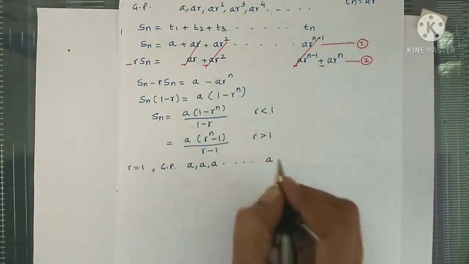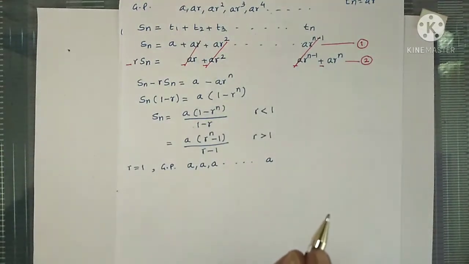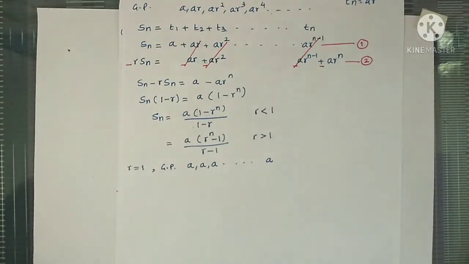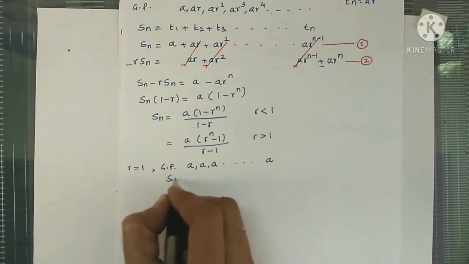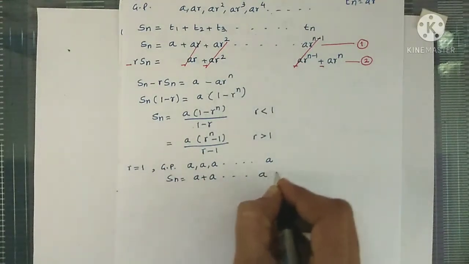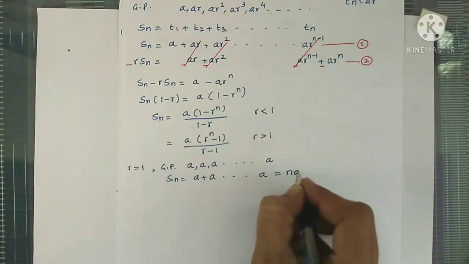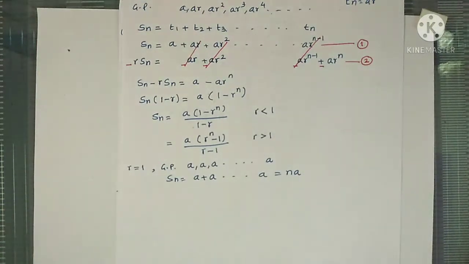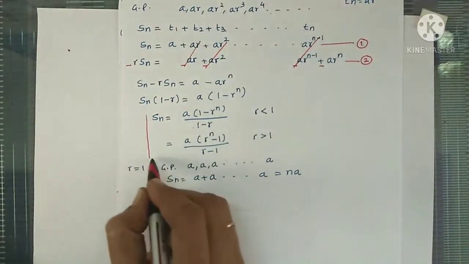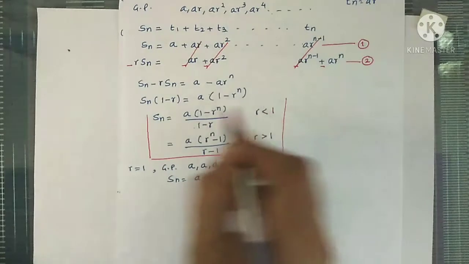All the terms of the GP are A only. See, A by A is 1, A by A is 1, so the ratio is 1. In that case, Sn becomes A plus A plus A plus A, n times. So this is A into n, that is nA. So we have the formula for Sn now.